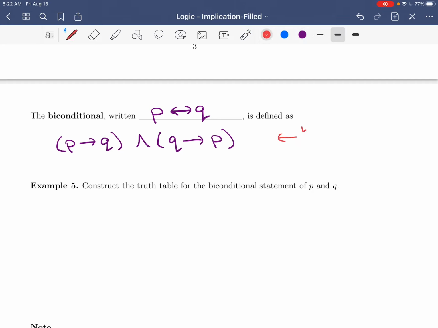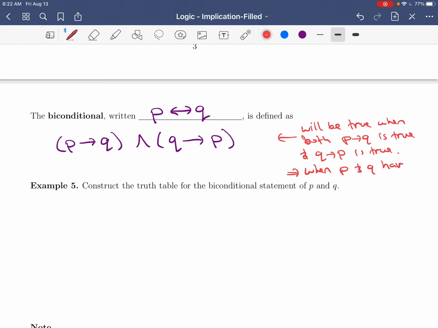So this will be true when both P implies Q is true and Q implies P is true. So that means they have the same truth values, and this happens when P and Q have the same truth value. It could be true, it could be false, as long as it's the same.